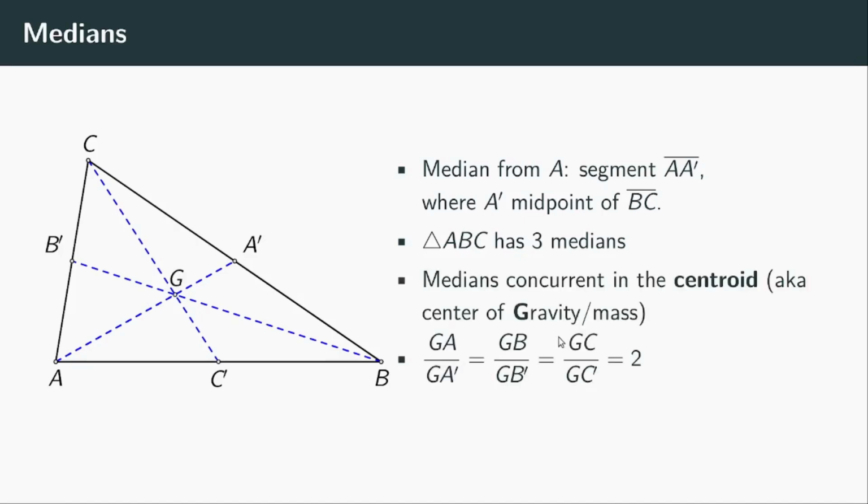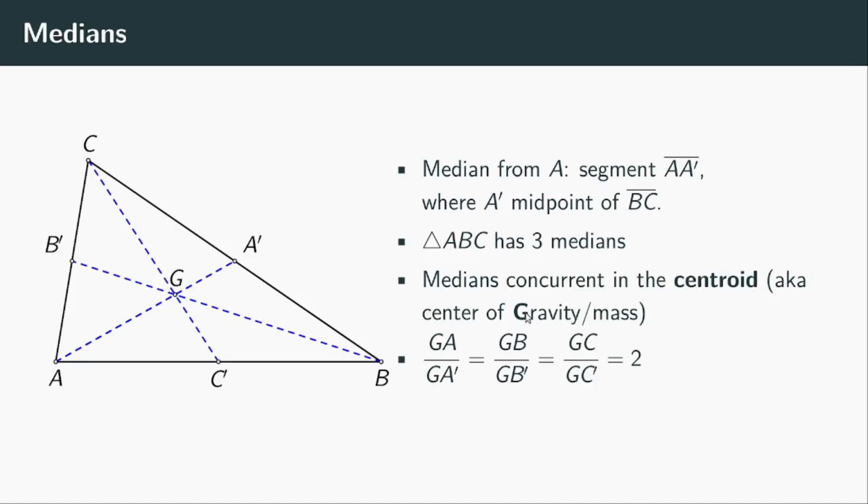The theorem that we're going to prove is that the medians are concurrent in a point that is called the centroid. The centroid of the triangle is also the center of gravity or the center of mass of the triangle. I'm pretty sure the G stands for gravity, but whether it does or not, that's a good mnemonic for why people quite often use G to indicate the centroid of the triangle.